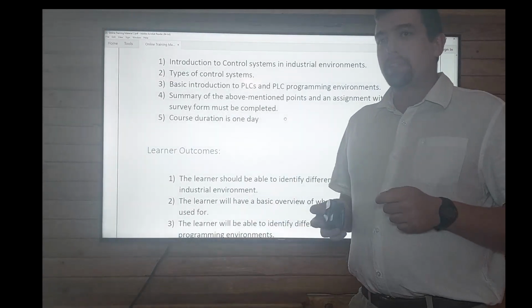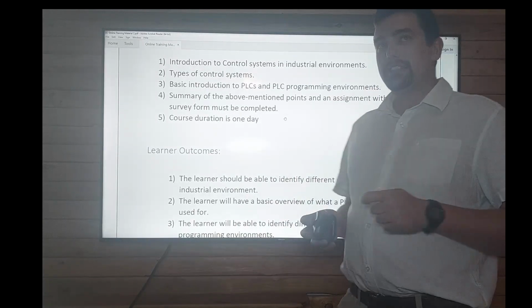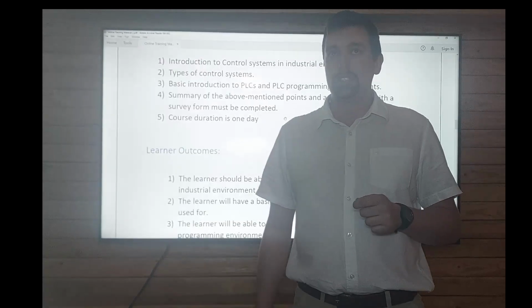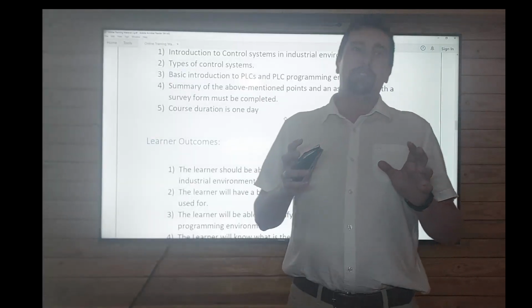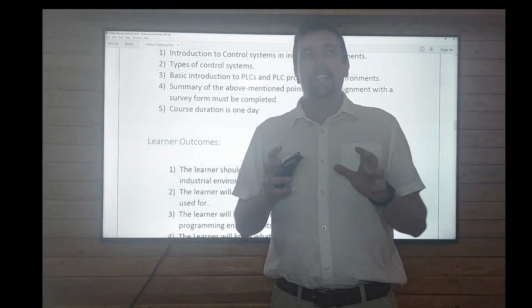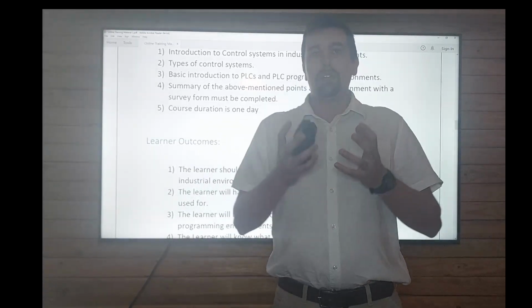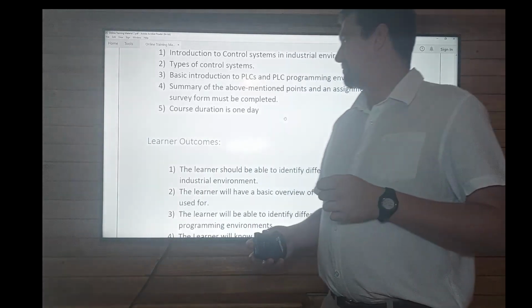Then the third topic would be the basic introduction to PLCs and PLC programming environments. Please don't get scared of the big words. It's really not that difficult. If you can grasp the whole of the idea, then you should be fine.